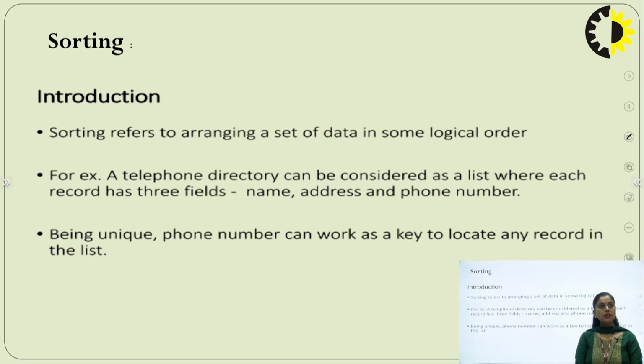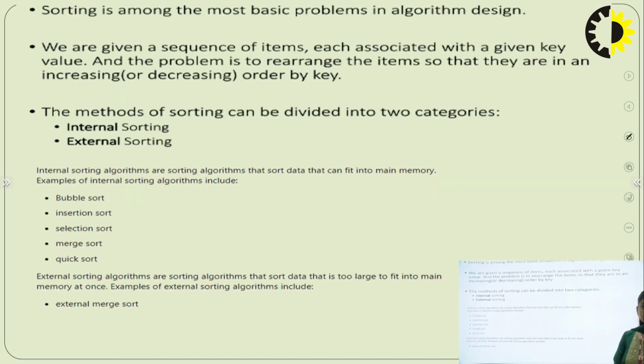For example, a telephone dictionary can be considered as a list where each record has 3 fields: number, name, address, and phone number.